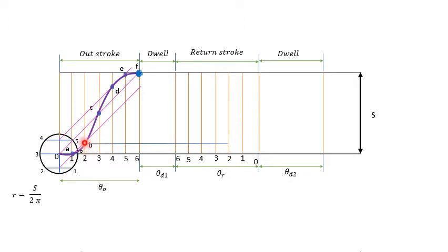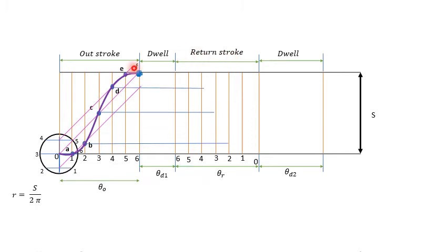See, this is the point which is cutting the second vertical line. Therefore, from this point draw a line till it reaches the second vertical line of the return stroke. Similarly, this is the point which is cutting the third vertical line. Therefore, from this point draw a line till it reaches the third vertical line of the return stroke.